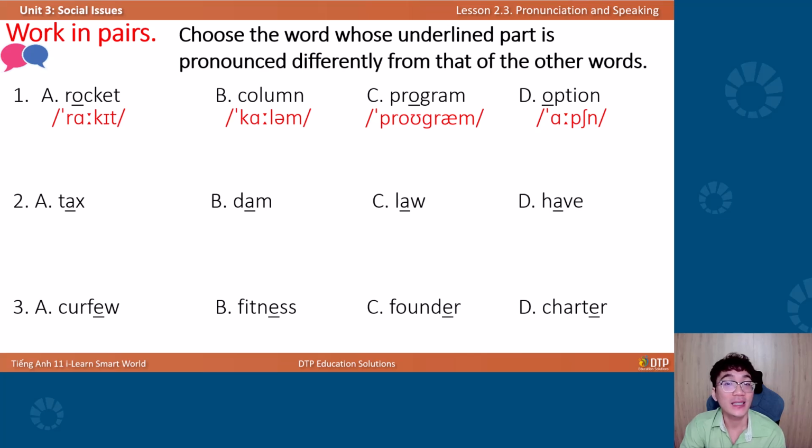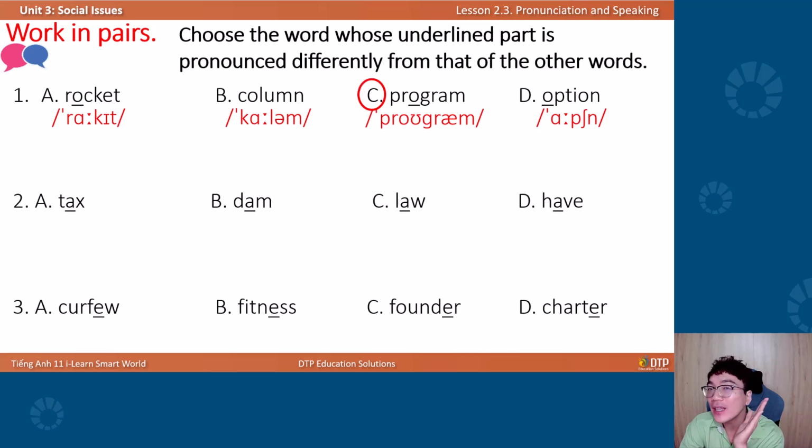C. Program. And D. Option. So you see, the underlined O is pronounced the same in A, B, and D. So you choose C. Program.